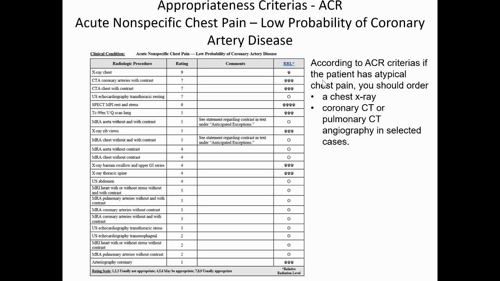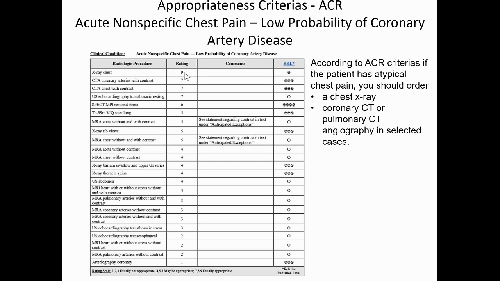Please know that the American College of Radiology has these so-called appropriateness criteria. So for a given clinical condition like acute non-specific chest pain and low probability of coronary artery disease, they have a list of imaging modalities which might be appropriate or not.